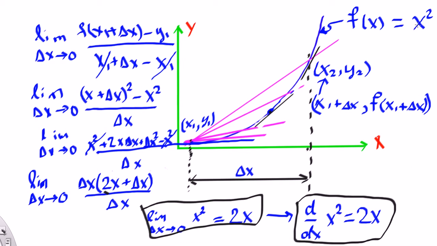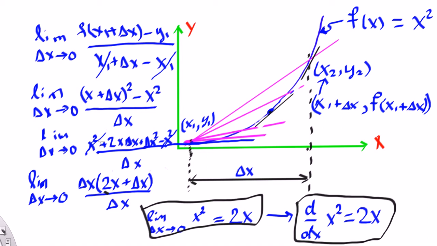Okay, so if we add delta x to x, instead of having only x squared, we're going to have (x plus delta x) squared minus y1. What is the value y of the function? Y is the value of the function at the first point when there was no delta x added yet. So it's only x squared at this point. So we have this binomial squared minus x squared divided by delta x.